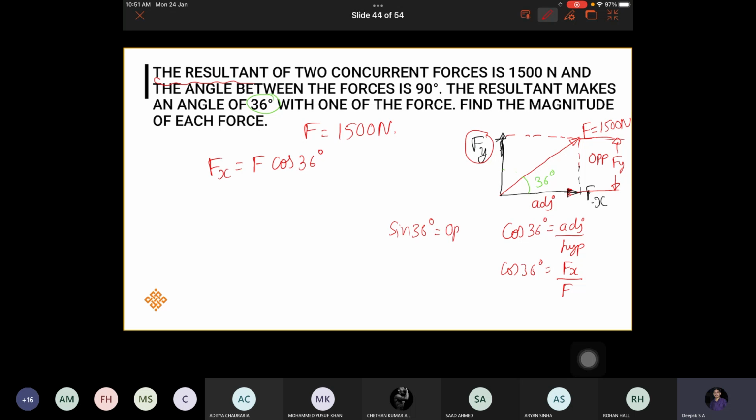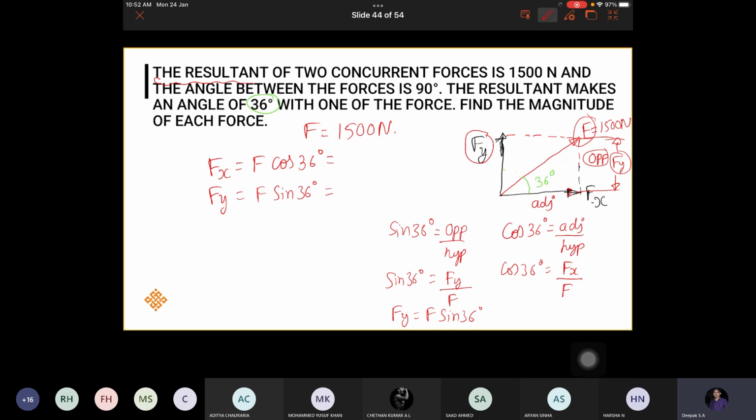Very good. So what is the opposite side? The opposite side is Fy, and the hypotenuse is F. So Fy is equal to F sin 36. Here I'm writing Fy is equal to F sin 36 degree.